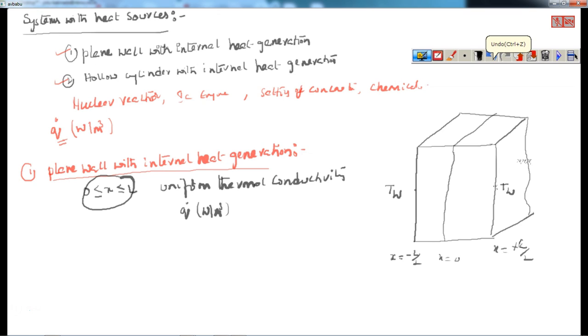The heat loss by convection is the same on both sides.